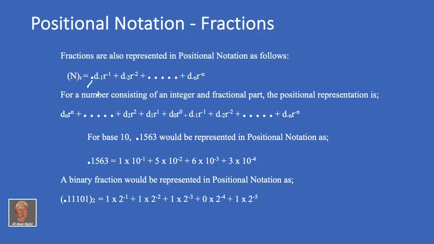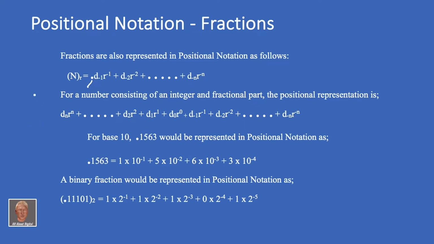So for instance, the first digit to the right of the radix point is d minus 1 and radix to the minus 1. The next digit is d minus 2, r to the minus 2, plus all the way down to d minus n, r to the minus n.